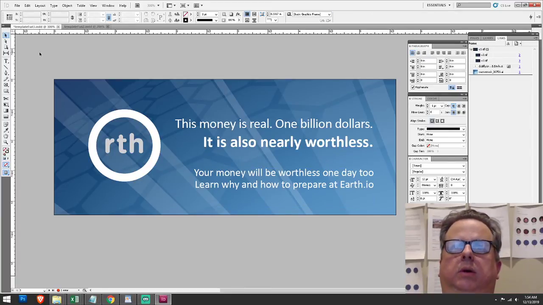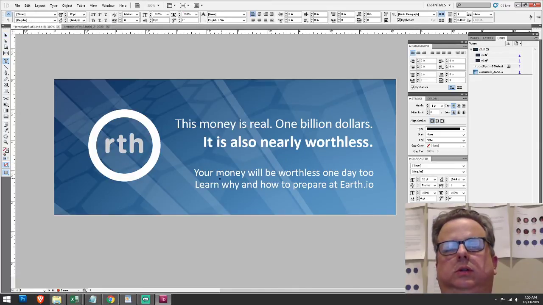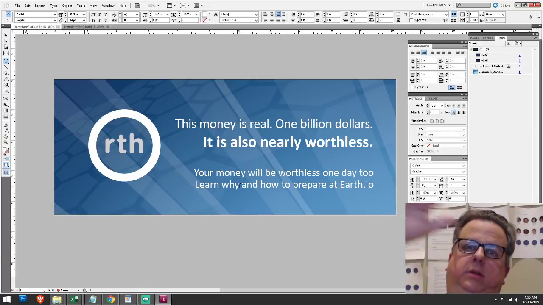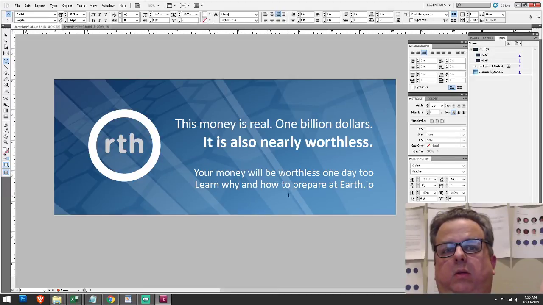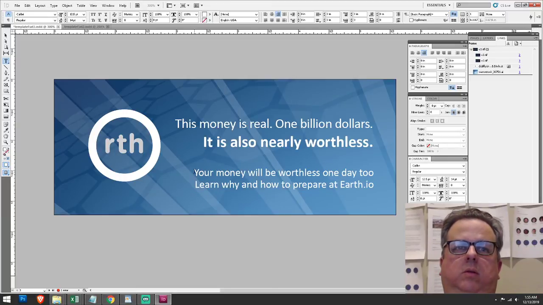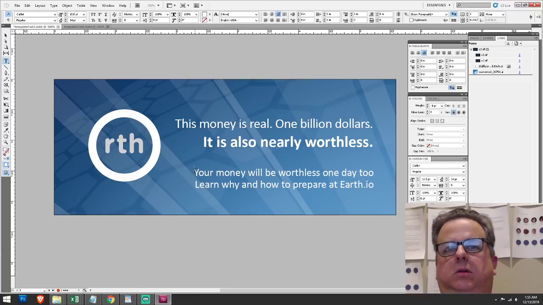This money is real, $1 billion. It is also nearly worthless. Maybe we need to say we kind of need to continue.